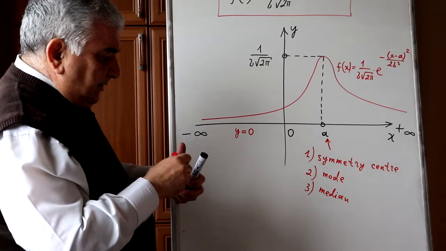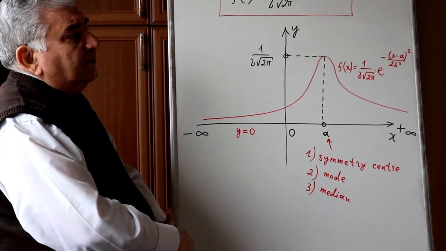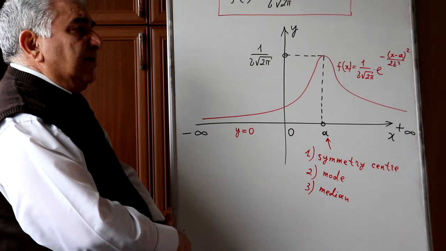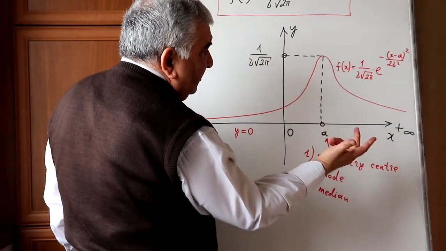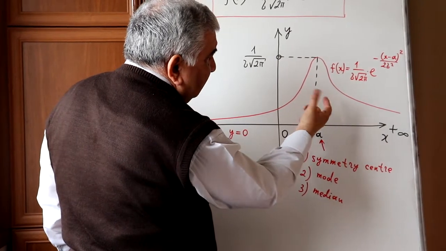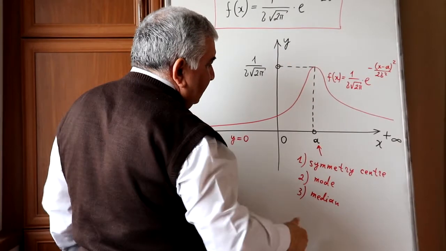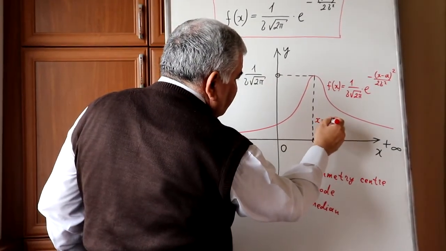According to the second property, it is a symmetric function, and its symmetry center is A. You see that the branches of this graph are symmetric with respect to the vertical line x equals A.